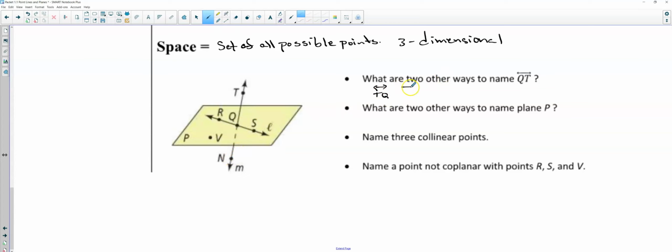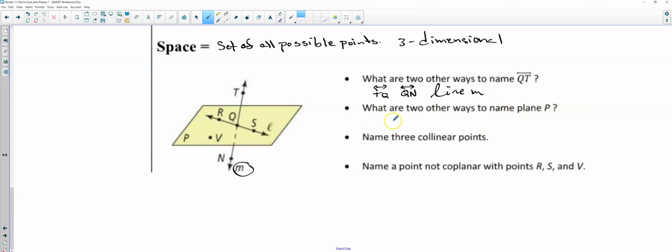And there are more ways to name this line, like for example, by this letter right here, line M. They asked for 2, I gave you 3. And there are more ways because you could switch the letters any way you want.